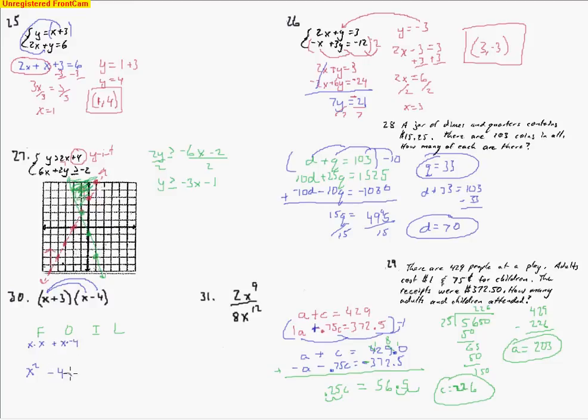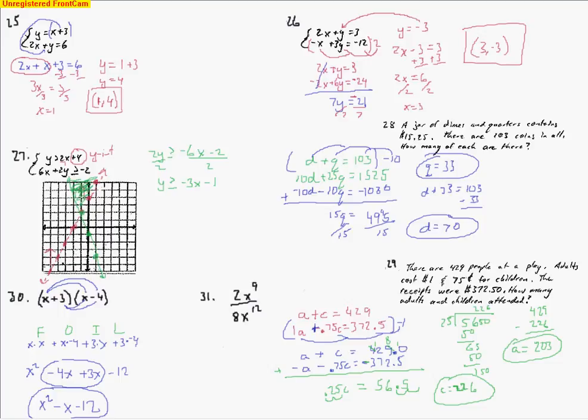And then move on to the inside. 3 times x makes a 3x. And then the last terms, 3 times negative 4. So 3 times negative 4 makes negative 12. So I collect some like terms. These two terms right here combine together as 1. So I've got x squared, and this makes a negative x and a minus 12. And that would be the answer.